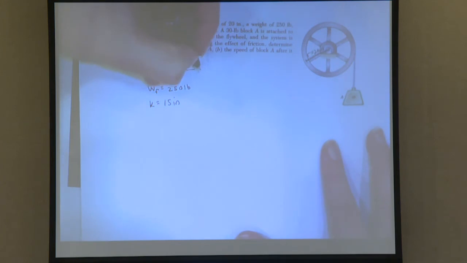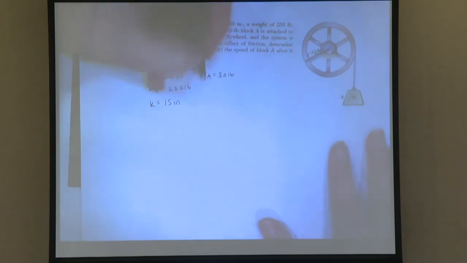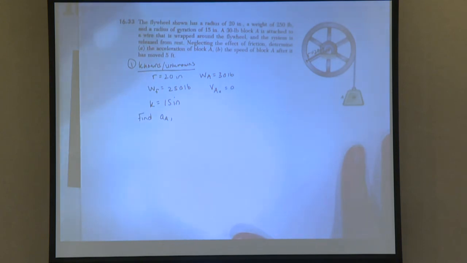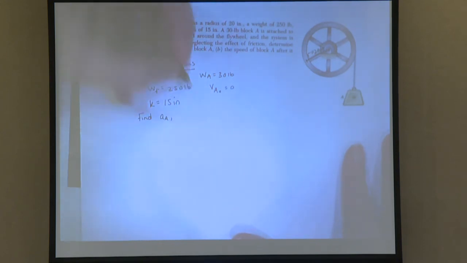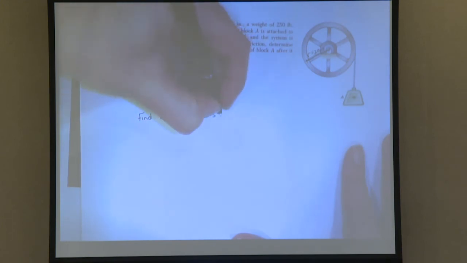Radius of gyration, that's K, is equal to 15 inches. Weight of block A is 30 pounds. The system is released from rest, so VA naught is equal to 0. Neglect friction. Find the acceleration of block A and the speed of block A after it has moved 5 feet. So VA after 5 feet.